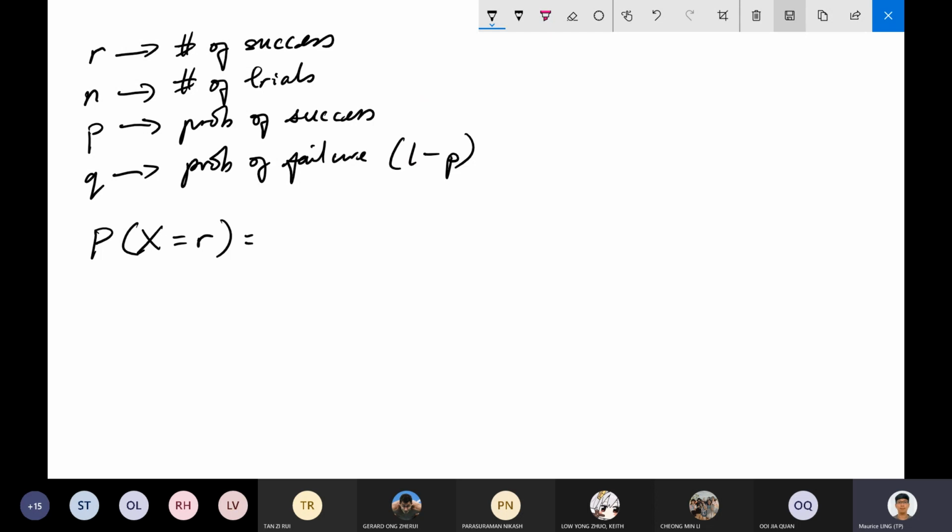What is the whole equation? Can anybody tell me?